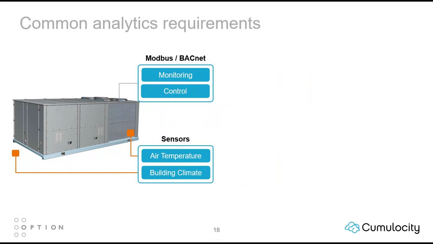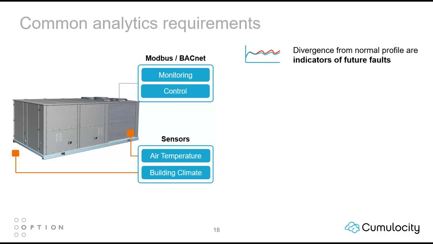Analytics comprises a number of ways to process the device data to enable automated decision making. Common analytics requirements include detecting a divergence from a normal power versus output usage profile. Also facilitating a remote device configuration and avoiding a field service call.